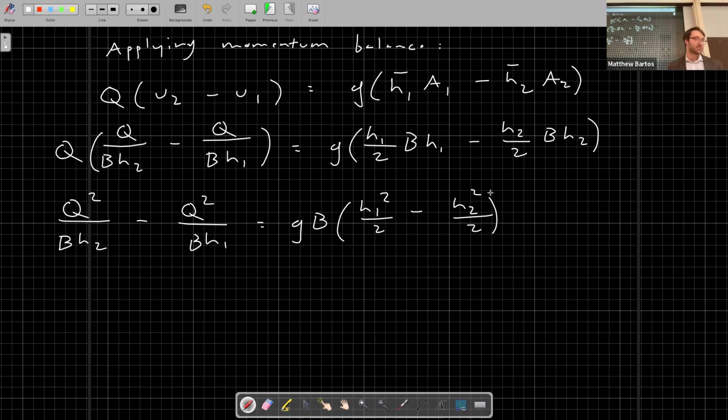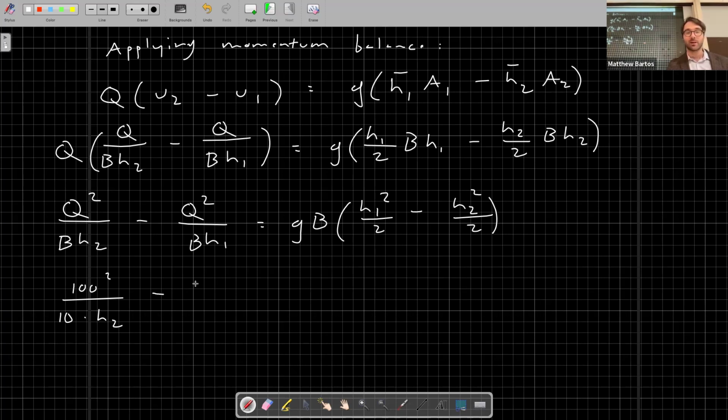At this point, we can go ahead and start substituting in numbers. For the discharge, this was 100 cubic meters per second, so we'll have 100 squared. Our width is 10 meters. We don't know H2 yet, so I'm going to leave it as a variable.